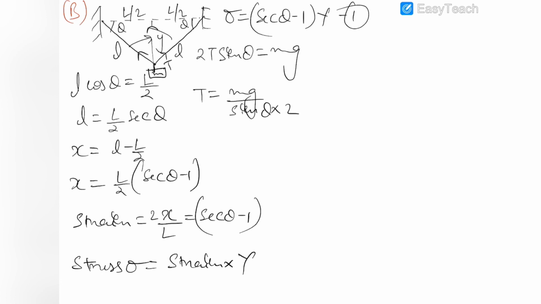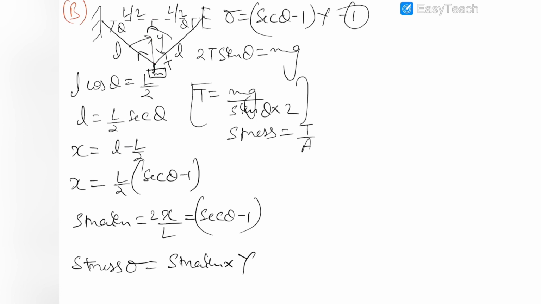And the stress is tension upon area. This is T and this angle is 90 minus theta. So this is T sin theta, and 2T sin theta is mg.